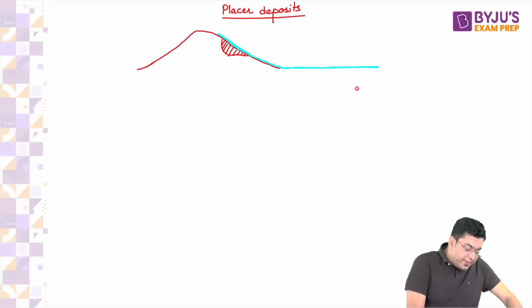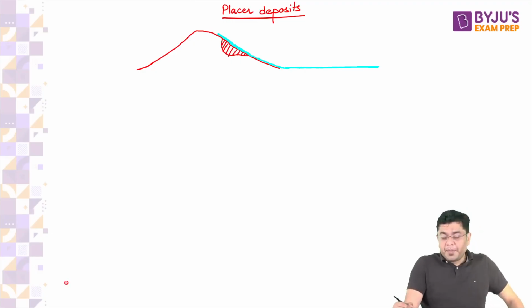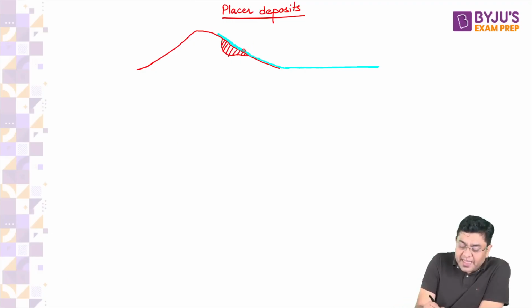But eventually, when the river loses that speed, these particles that the river has carried all along, these gold particles, will be deposited somewhere here.